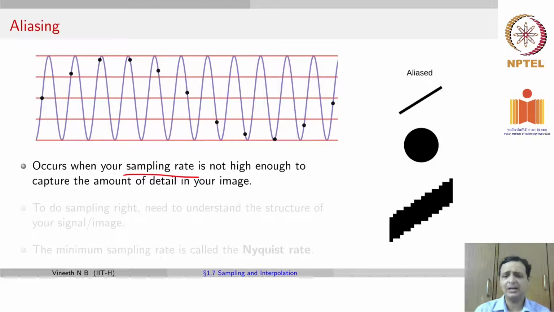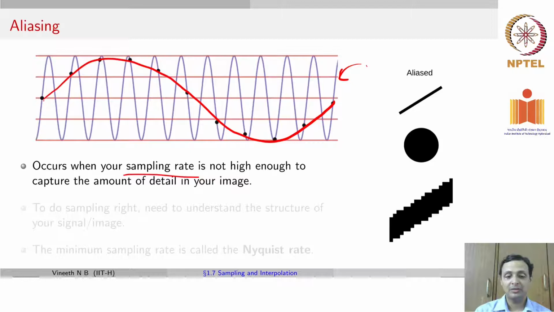Whenever your sampling rate is not high enough, you will not get the detail. For example, you see a sinusoidal waveform on top here. If you subsample only at these points, remember that you're not looking at the downward trend of the sine wave. So if you only subsample at these black points, you may think that this is the actual sine wave.